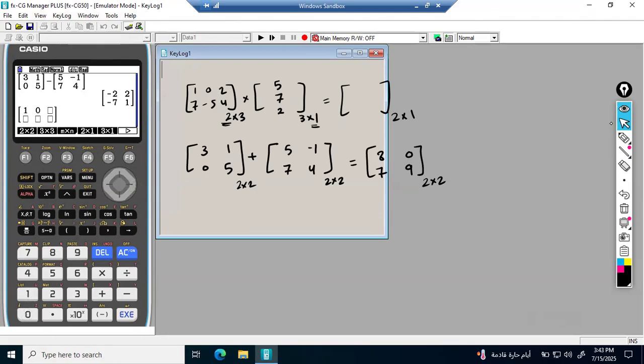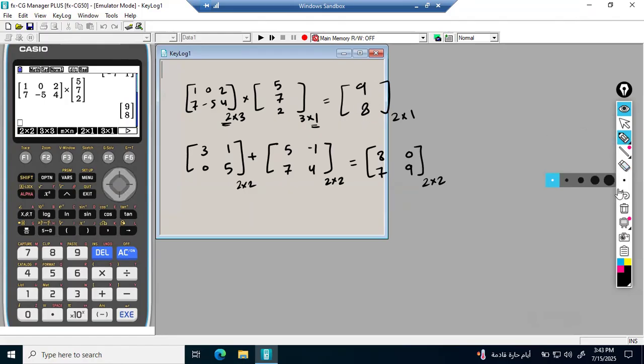As we said, we enter them element by element by moving to the right, or by using the right arrow. 7, -5, and 4. So this is our first matrix, times the second matrix, as we said, is a 3x1. We already have it here, so we click on F5. 5, 7, and 2. The resulting matrix is a 2x1 matrix. So we have 9 and 8.